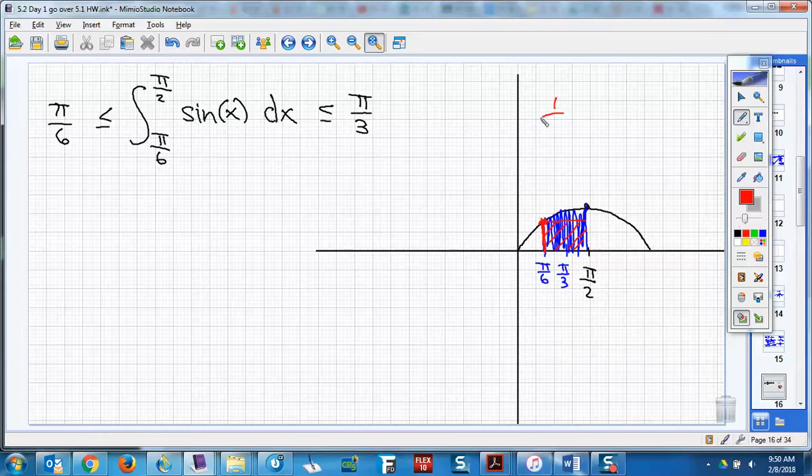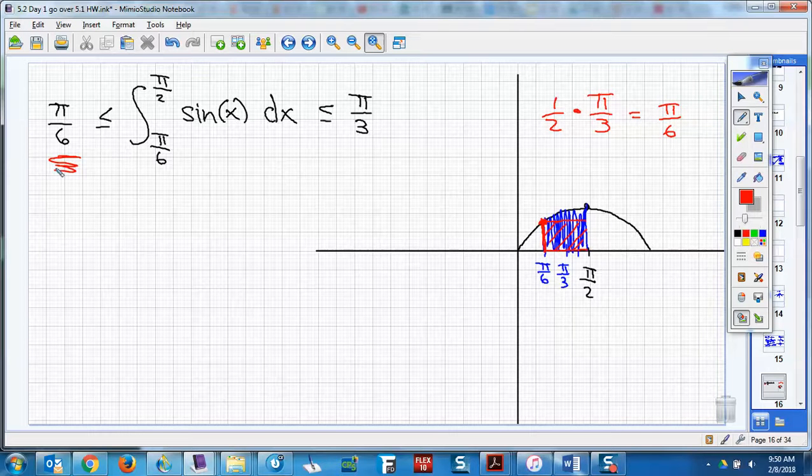So this rectangle here is 1/2 the height times the base. What's the base right there? Pi thirds, isn't it? Because it would be pi halves, which is 3 pi 6, so this would be 3 pi 6 take away 1 pi 6. That'd be 2 pi 6, which is pi thirds. So 1/2 times pi thirds. Height times width, that is what? Pi 6.